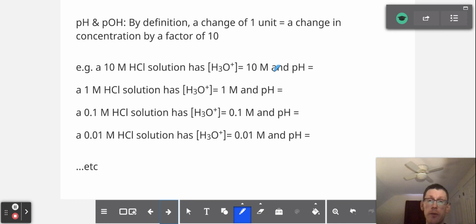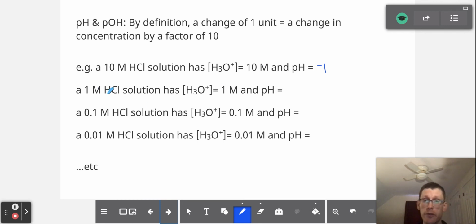So its concentration is 10 molar. Now the pH is actually going to be equal to -1. And that's because -1 is that exponent that pertains to the negative logarithm of 10.